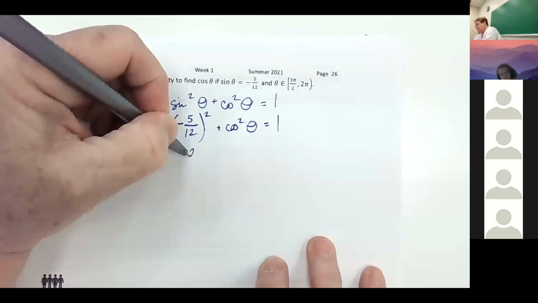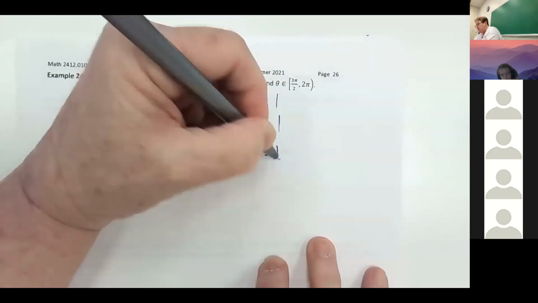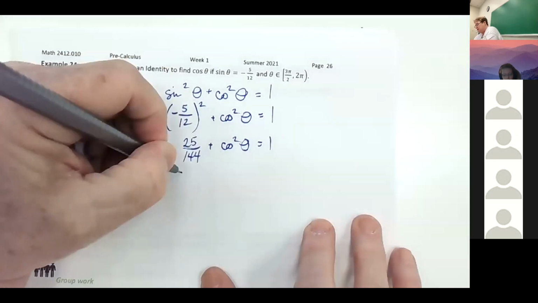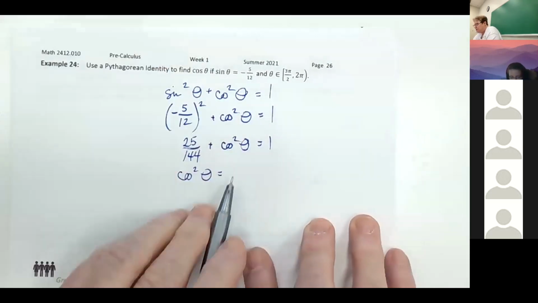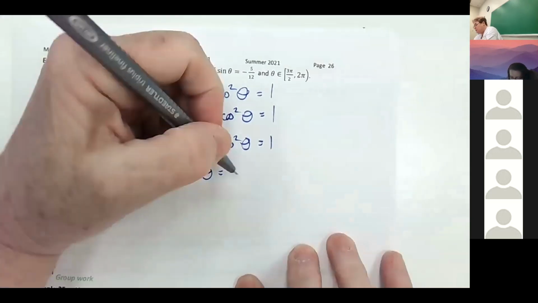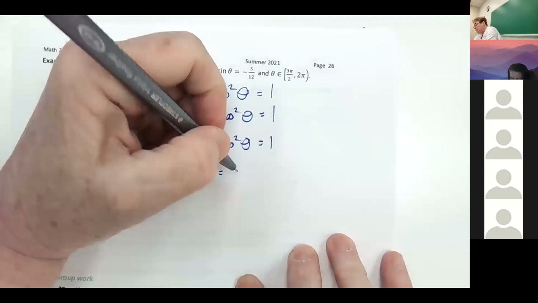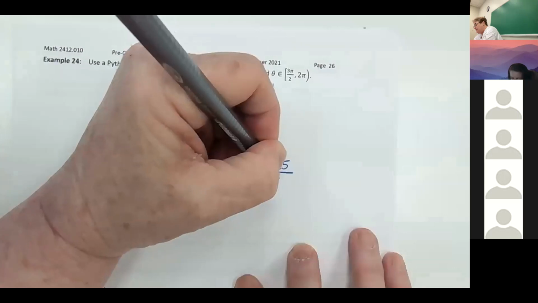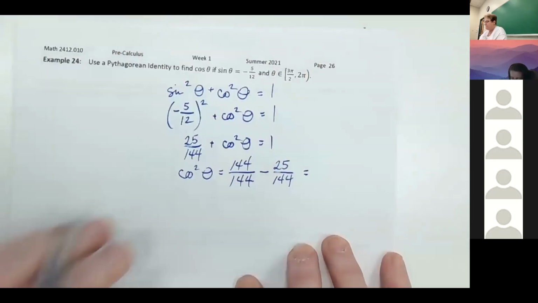Excellent. And we're going to subtract 25 over 144 from both sides. We'll get cosine square theta is equal to, I'm going to write 1 as 144 over 144, and we're subtracting 25 over 144. And what do we get?